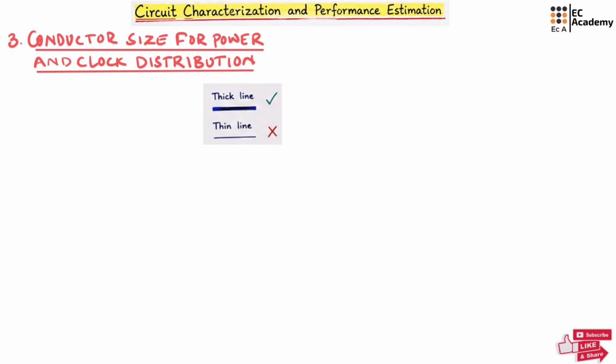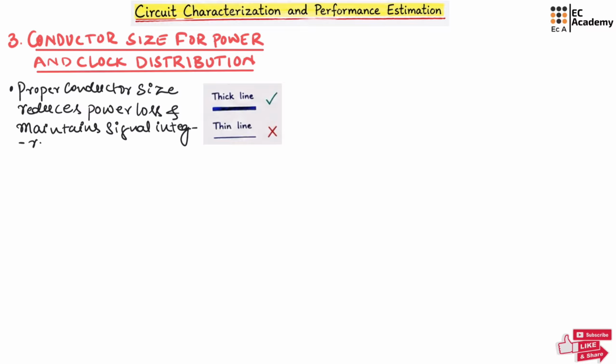Now let us look at the conductor size for power and clock distribution. Here the conductor carries the power and clock signal. If the conductor is very thin, the power loss becomes higher. If the conductor size is proper, the power reaches every part of the circuit correctly. So, proper conductor size reduces power loss and improves signal integrity.